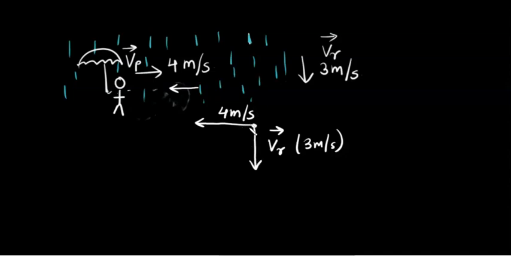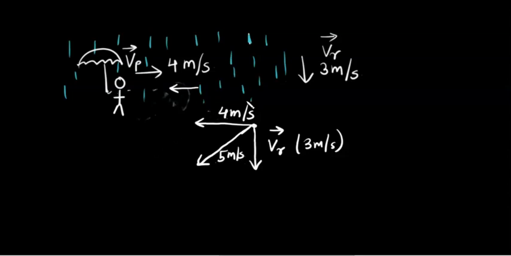So this is 4 meter per second and this is 3 meter per second. The resultant of these two vectors is the velocity of the raindrop. Using Pythagoras theorem, with 4 and 3, the resultant velocity will be 5 meter per second.